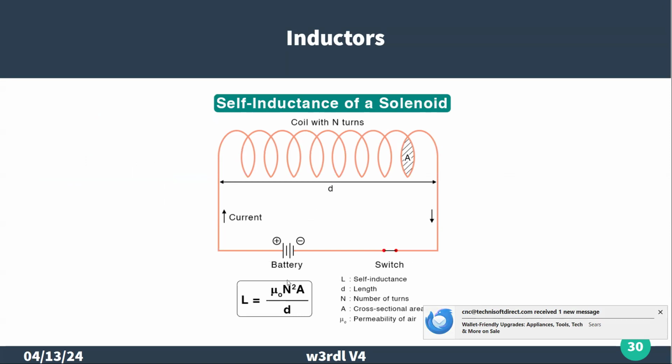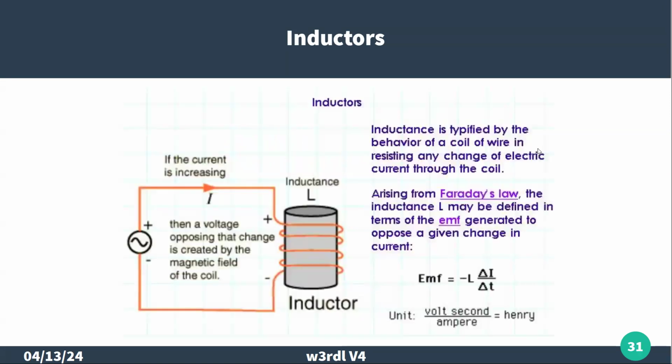There's a formula for it, which again has the permeability factor, the number of turns, and the area of the coil. The D in this case is the length of it. Those are the parameters that determine how much inductance that coil would have.